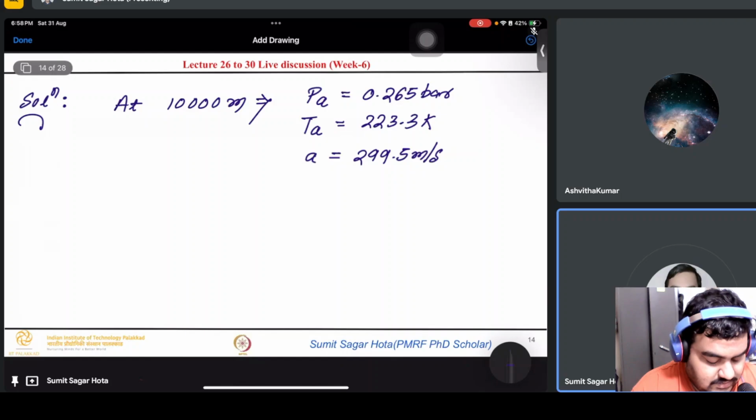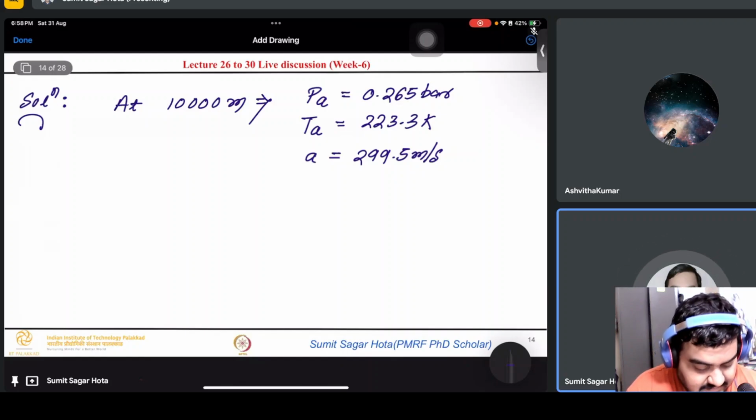If these values are given, then we have to find out the stagnation condition after the intake. Whatever term I am telling, all these terms by themselves are 1 mark questions. They'll ask: these are the things given, at 10,000 meter your pressure is this, temperature this, and velocity this, then find out the stagnation condition after the intake.